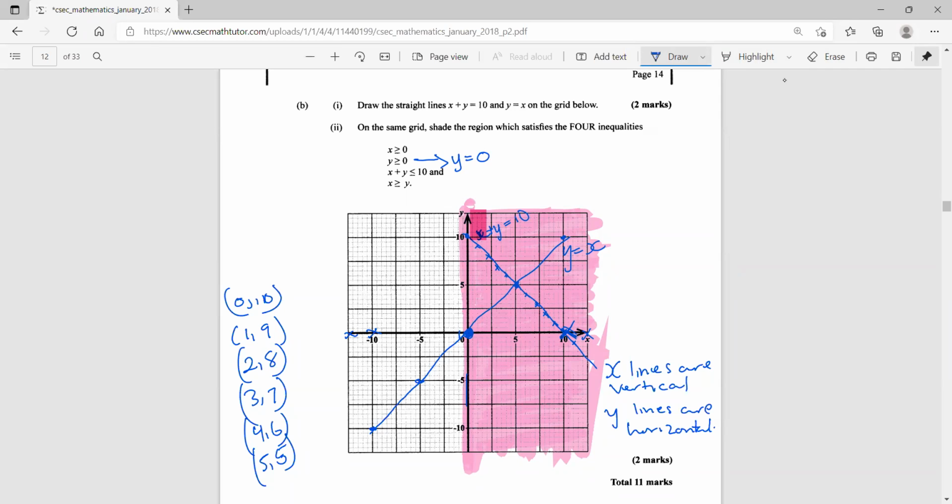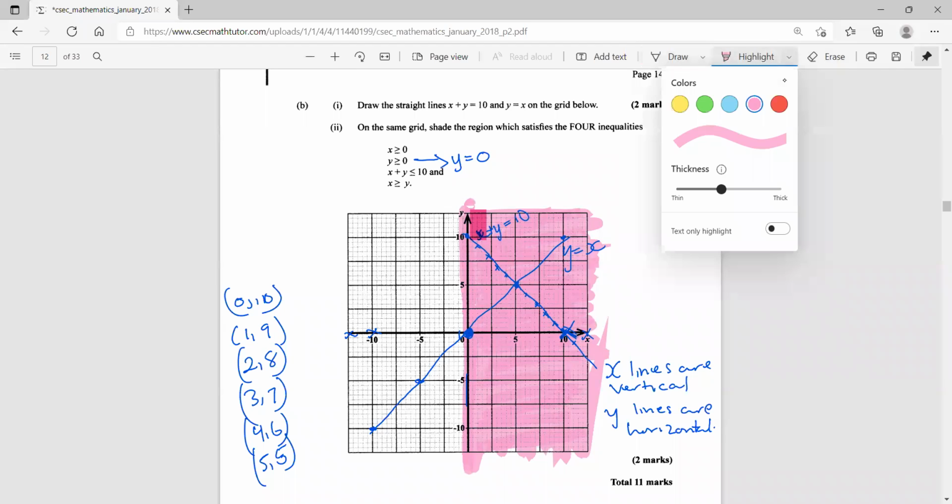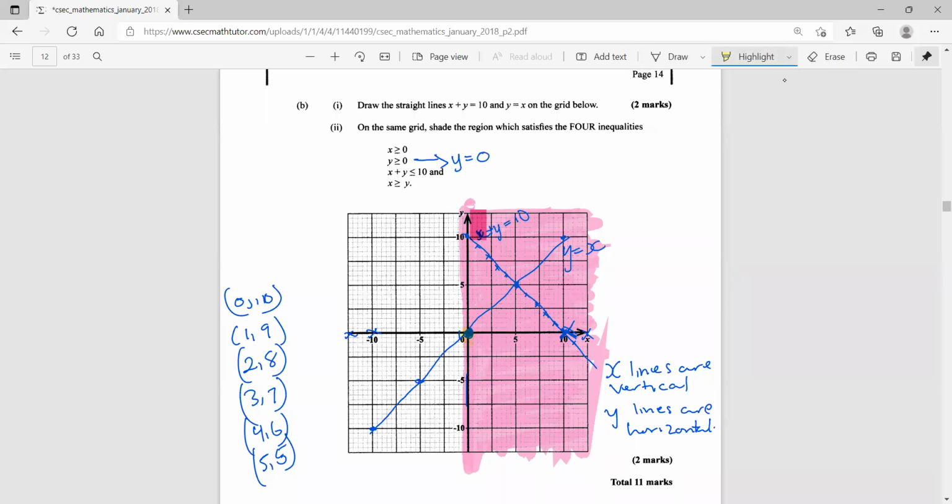So where is the y equal to 0 line now? I'm going to change my color. Where is that line? Y is equal to 0. So again, we look for 0 on the y-axis, which is here, right? And we make a horizontal line at that point. Everybody with me?